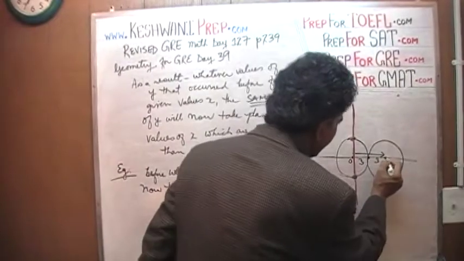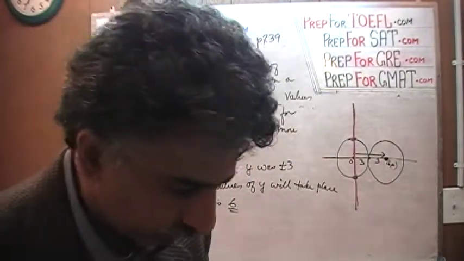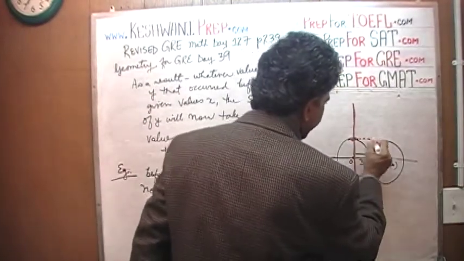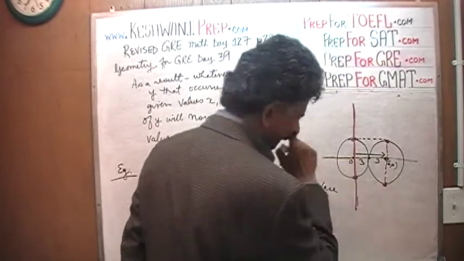X is 6 at this point, and the same values of y are going to take place.